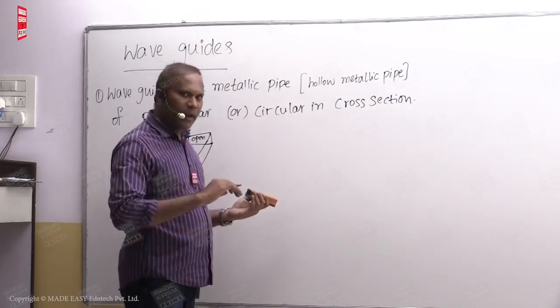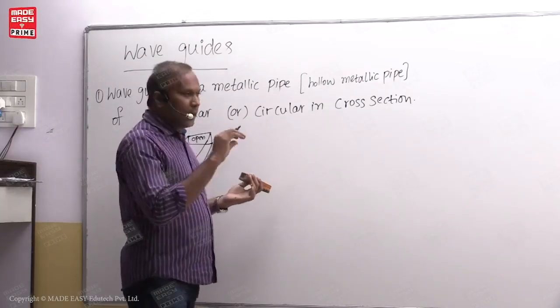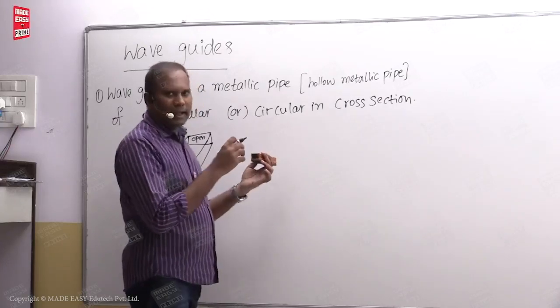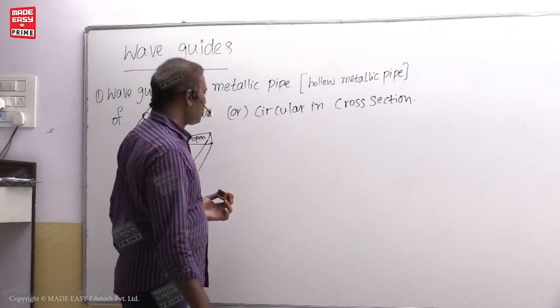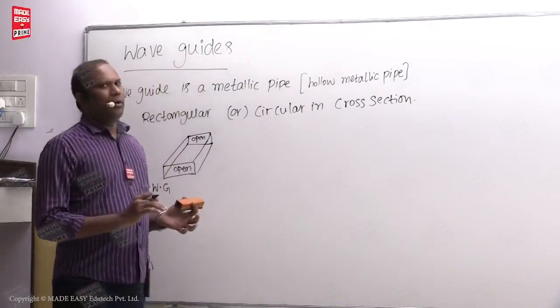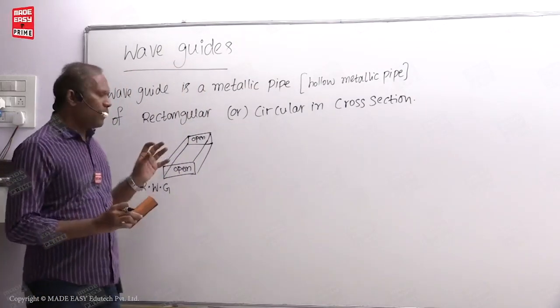Then it is called an air filled rectangular waveguide. Then you can fill up some other dielectric material, that is called a dielectric filled rectangular waveguide. Okay, students. So now, what is a rectangular waveguide?